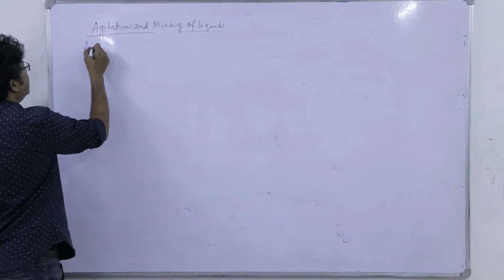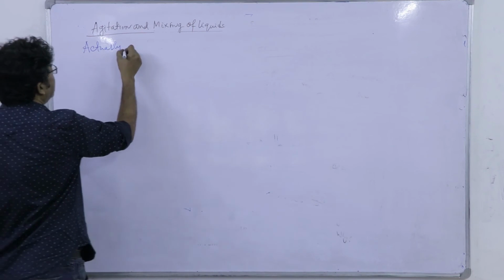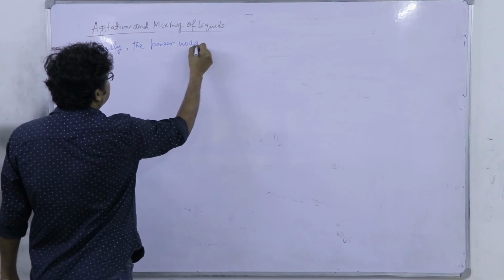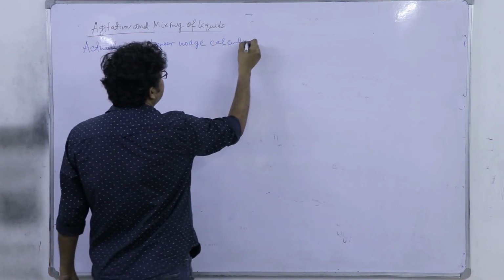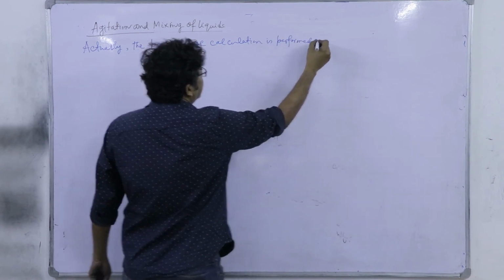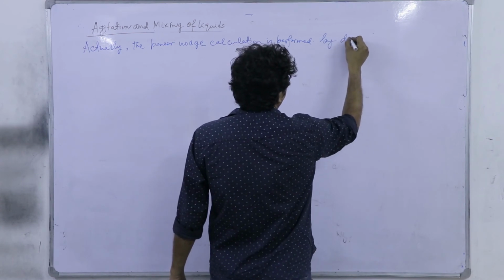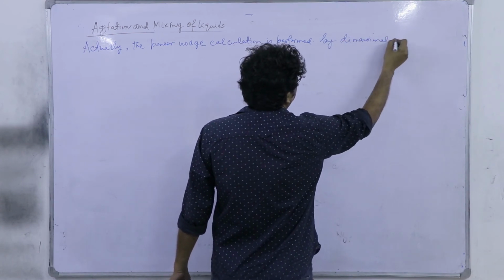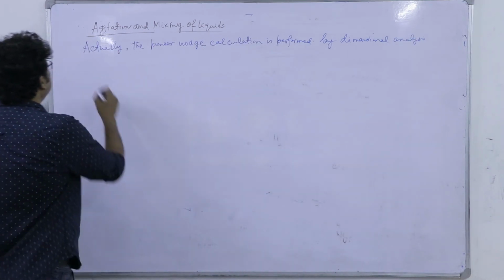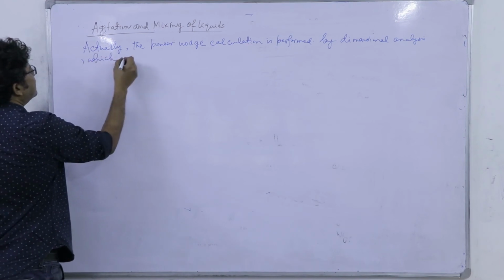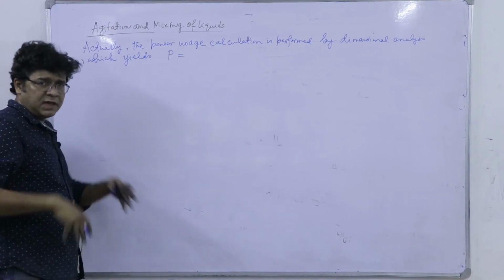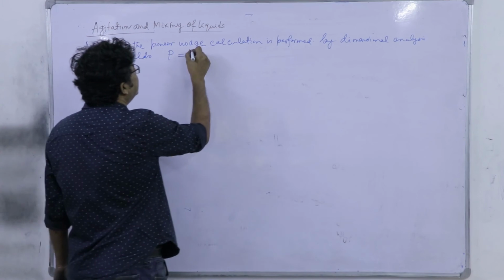So actually the power usage calculation is performed by dimensional analysis. Right. So which is that power to be given to that agitator is a function of what?